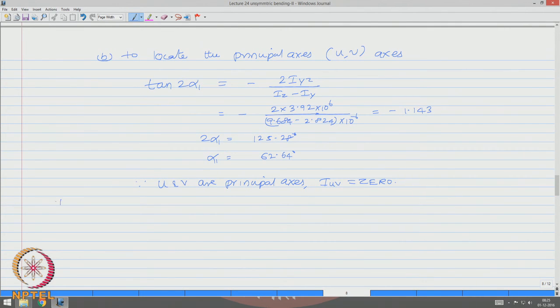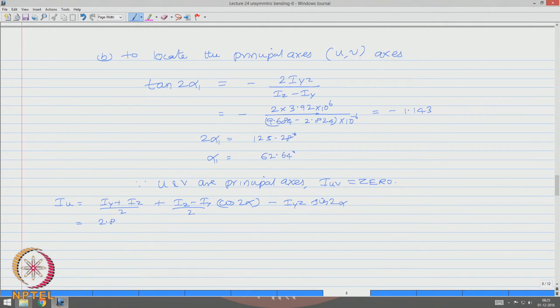Let us try to find I u from the equation (I y + I z)/2 + (I z − I y)/2 cos 2 alpha − I yz sin 2 alpha.